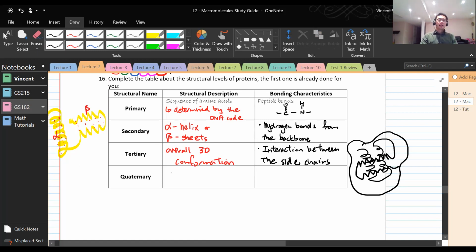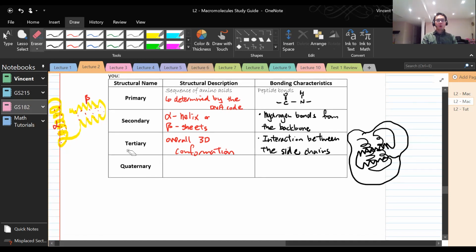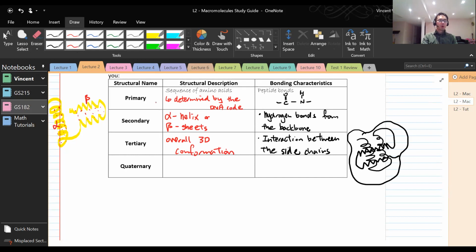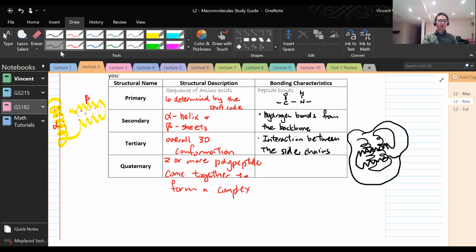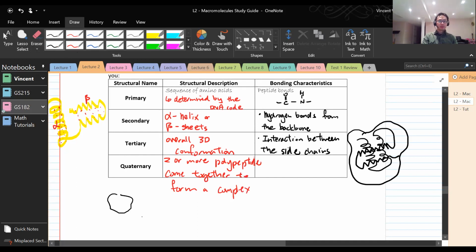And then some proteins will have quaternary structures. Quaternary structures are when two or more polypeptides come together to form a complex. An example of that is hemoglobin, which is the protein that transports oxygen in our body.